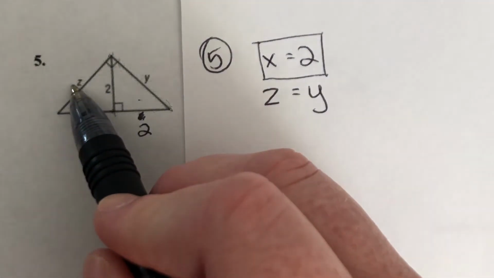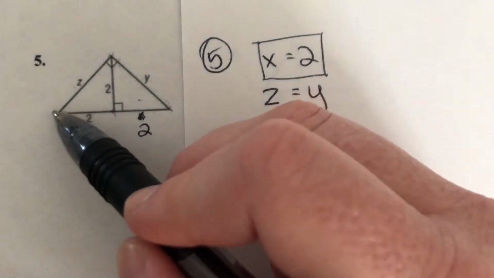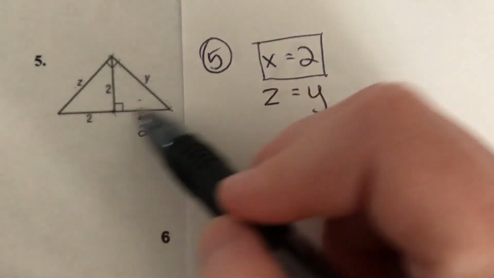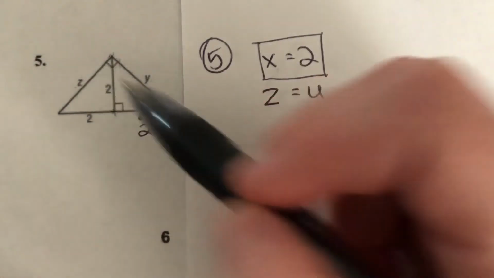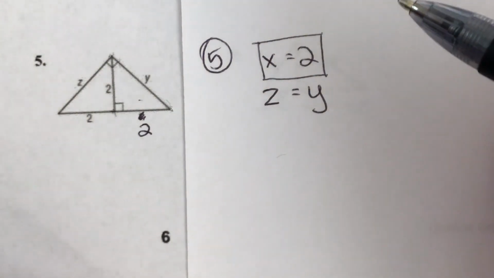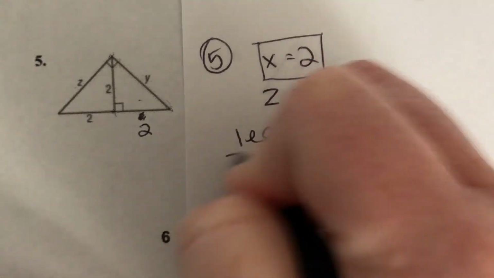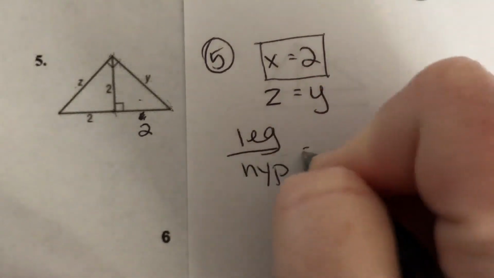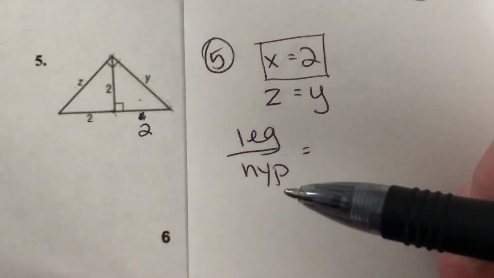So let's say Z. What are Z's two purposes in this triangle? Well, it's the leg of the big triangle, and it's the hypotenuse of this smaller triangle, right? So leg and hypotenuse. I'm going to write leg over hypotenuse. And it doesn't matter if it's the shorter or the longer leg because they're the same thing in this triangle.